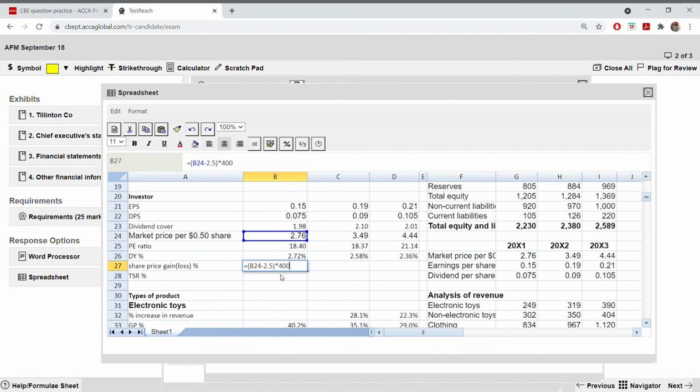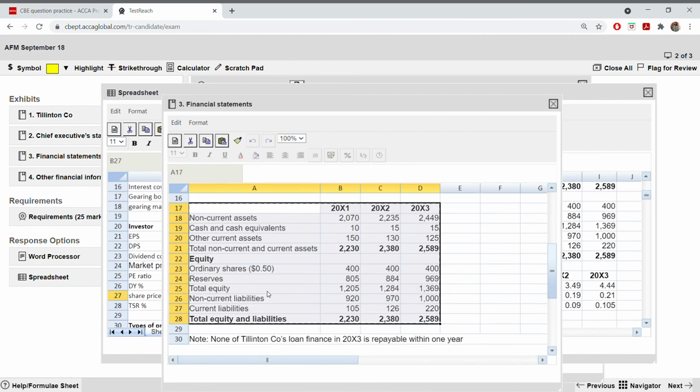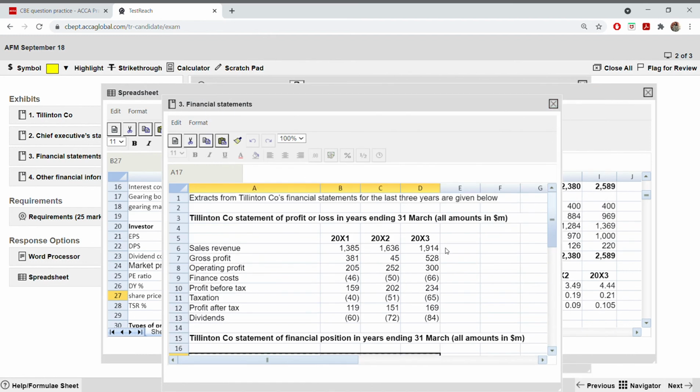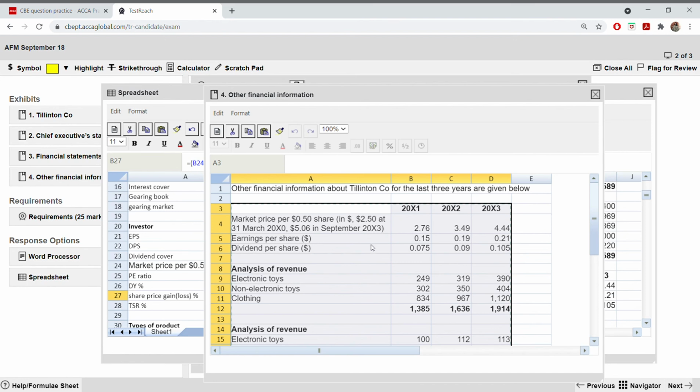So something somewhere is wrong, right? Can go and check. Okay, so it increased from 2.5 to 2.76.